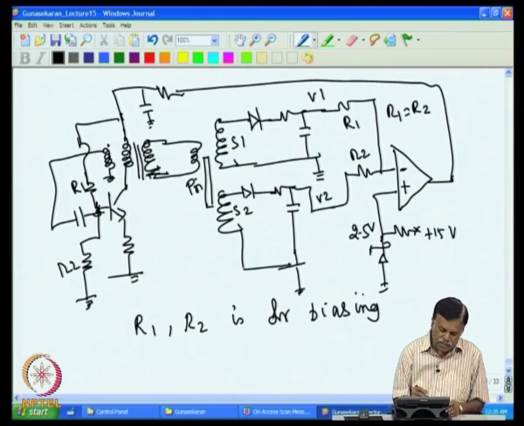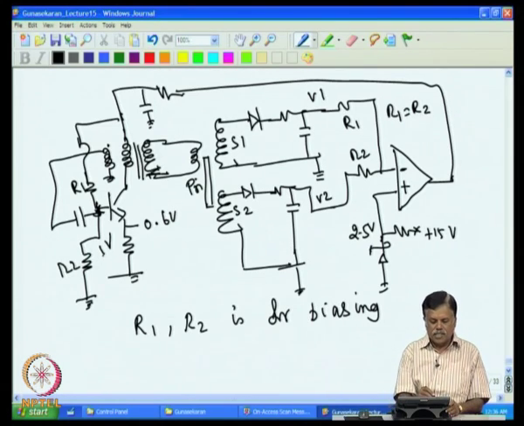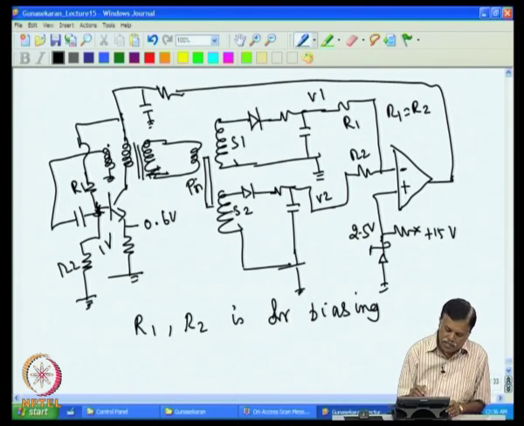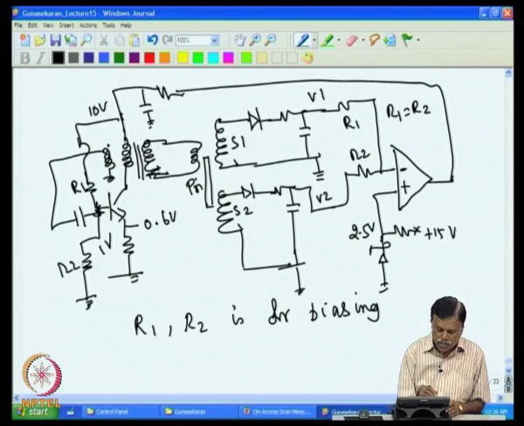So, assume that I have kept this point at say 1 volt, then I know that this point has to stay at 0.6 volt. So, I can select R1 R2 such that at 10 volt here, I want to get 1 volt here. So, I can select R1 R2 to get 1 volt when the input voltage is 10, and if it is 10 then you will have 0.6.